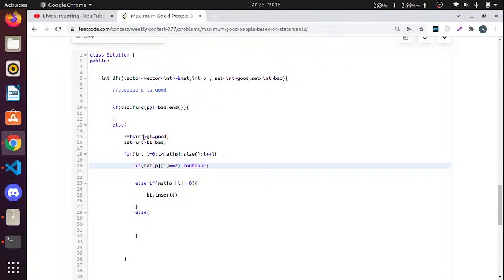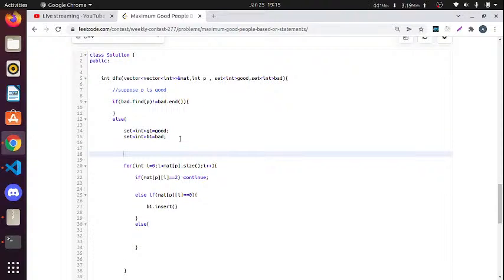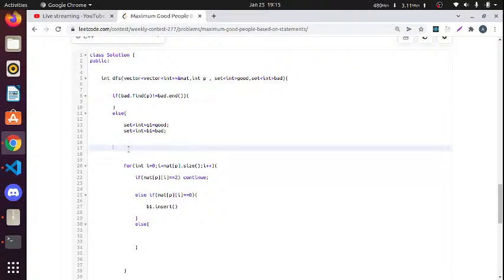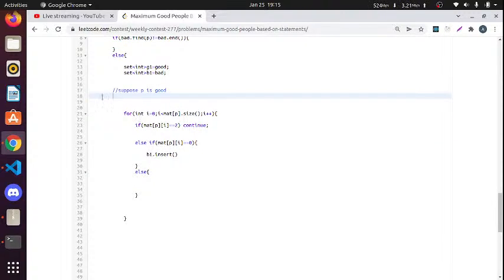Okay. So firstly we suppose that P is good, right? P is good, so all the statements will be true. If it is not making sense, then I will simply continue.